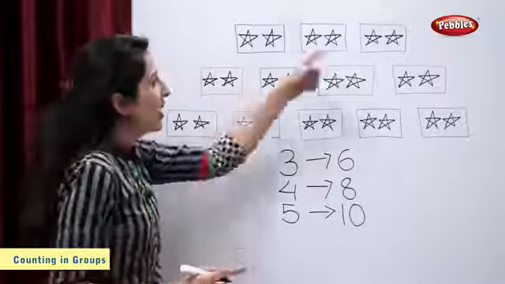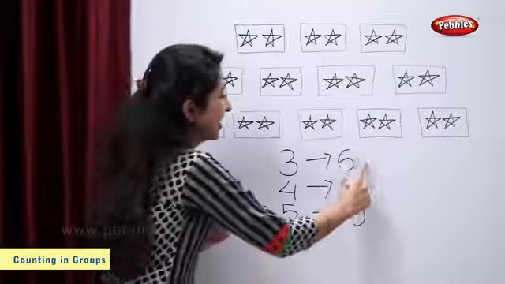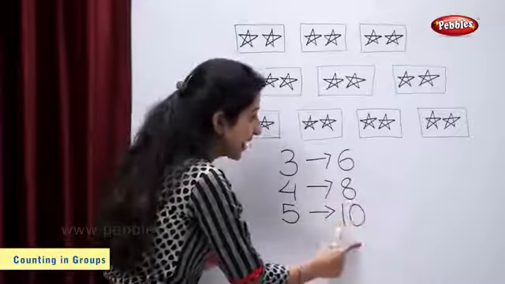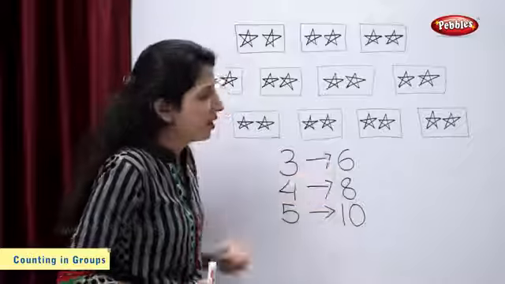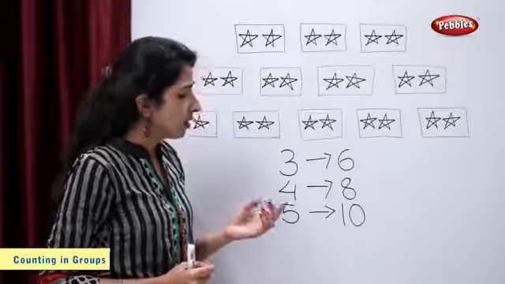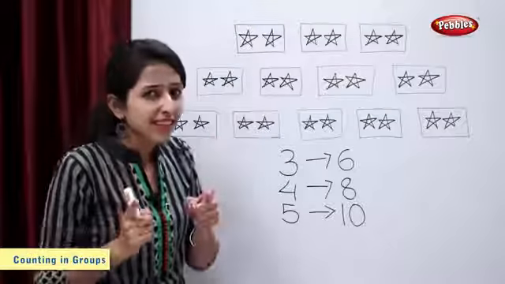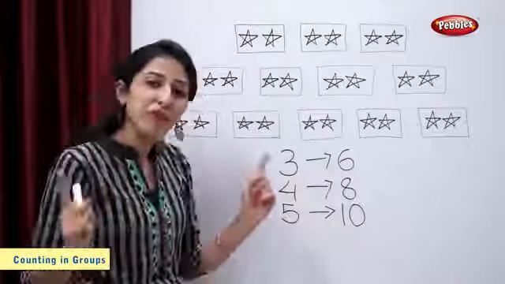Let us count the total number of stars. 6 plus 8 plus 10. You help me, students. How much is 6 plus 8? Correct. 6 plus 8 is 14.